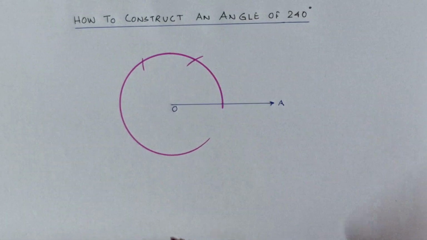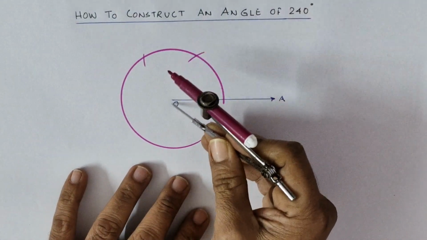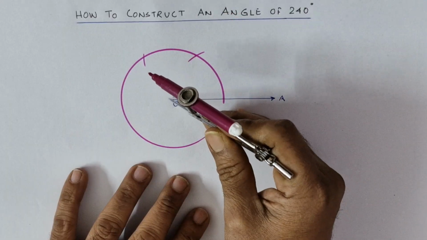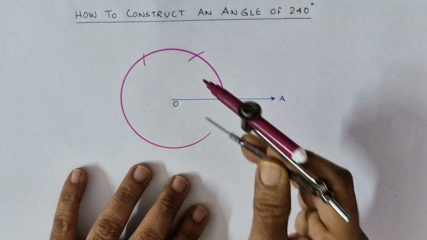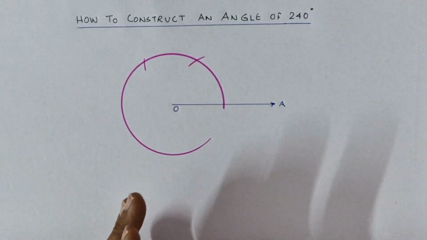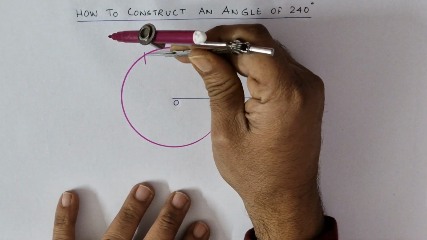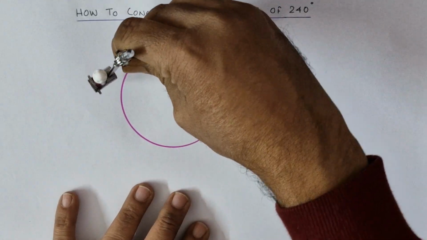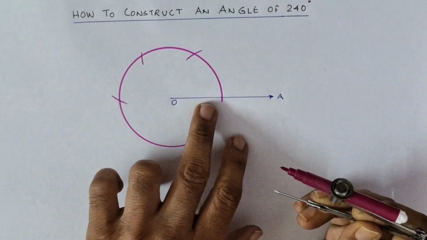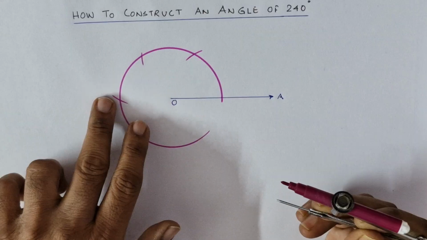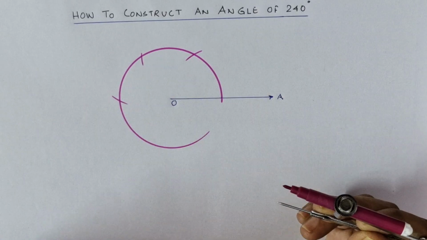Now what will you have? For example, the first one will be 60 degrees, then you will have 120 degrees, which means for every step you are going to get 60 plus 60 plus 60. Got it? So if I point the needle at this second intersection and draw, you'll get 180. If you extend this, you will get a straight line, that is 180 degrees.